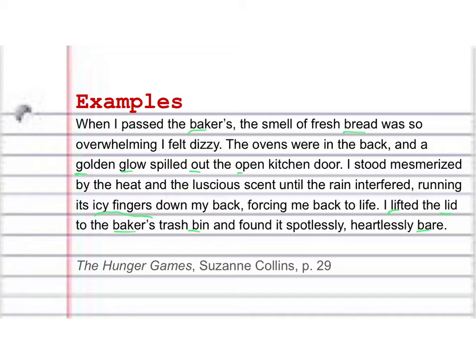This isn't technically alliteration, but you do have a repeated sound. Even though in luscious that S sound isn't at the beginning, the luscious scent does kind of tie them together. Rain, running, icy fingers down my back, forcing me back to life. Life, lifted, lid, right? Baker's bin, bear.